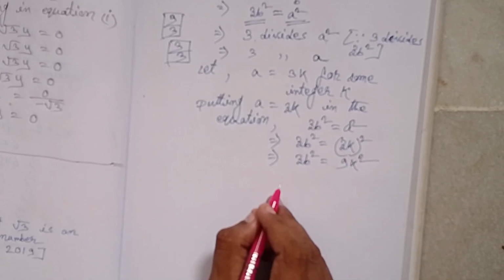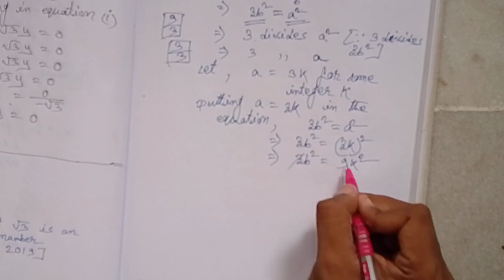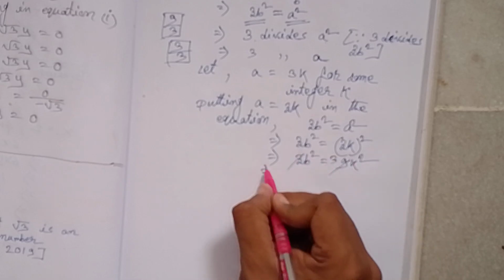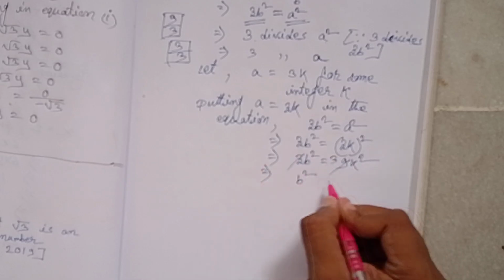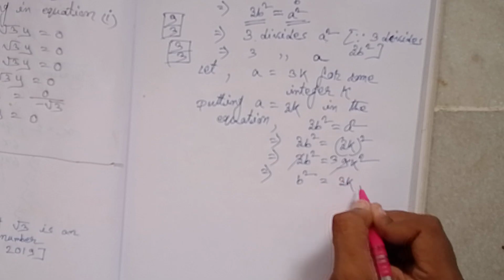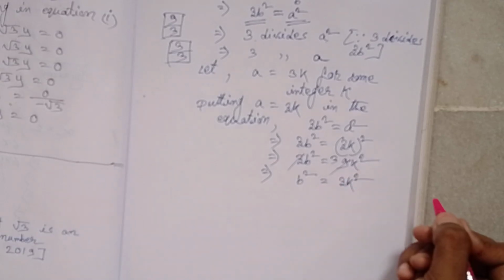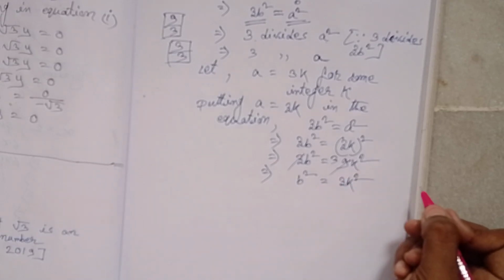Now it is very clear, you can cancel this by 3. Both sides are cancelable by 3. I have cancelled both sides by 3.